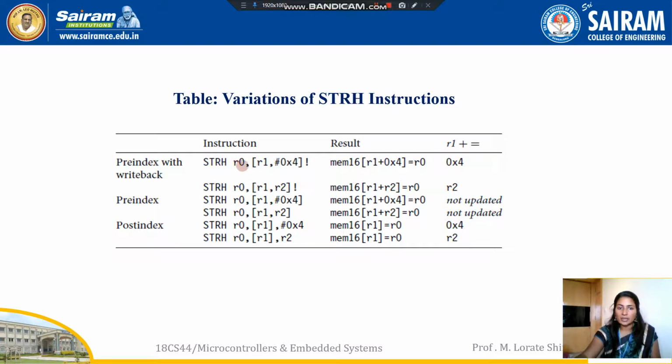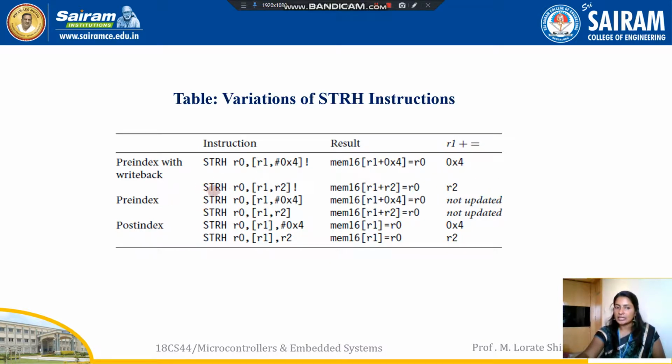From the R0 register, 16-bit content is stored in this memory because it is store half word. Half word means from the register content it will take only the lower 16 bits, and that is stored in this memory. Whether we have to update R1: yes, because we have the write back symbol. To update R1, 4 will be added, so 4 is given here.